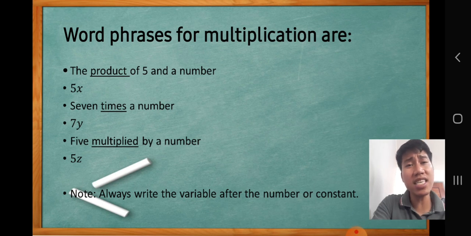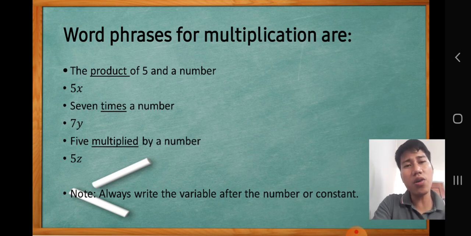There are also phrases for other operations. For addition, we use sum. For subtraction, we use the phrase difference. And for division, we use quotient. So there are word phrases for operations.